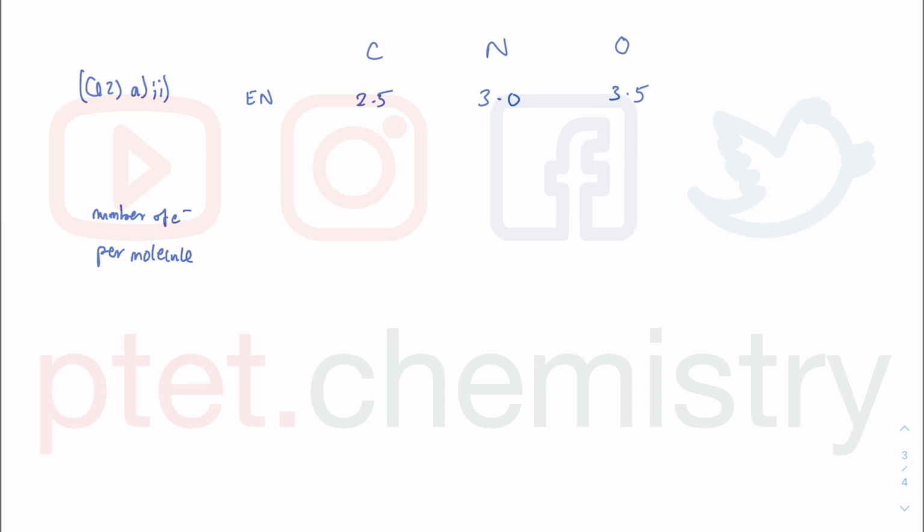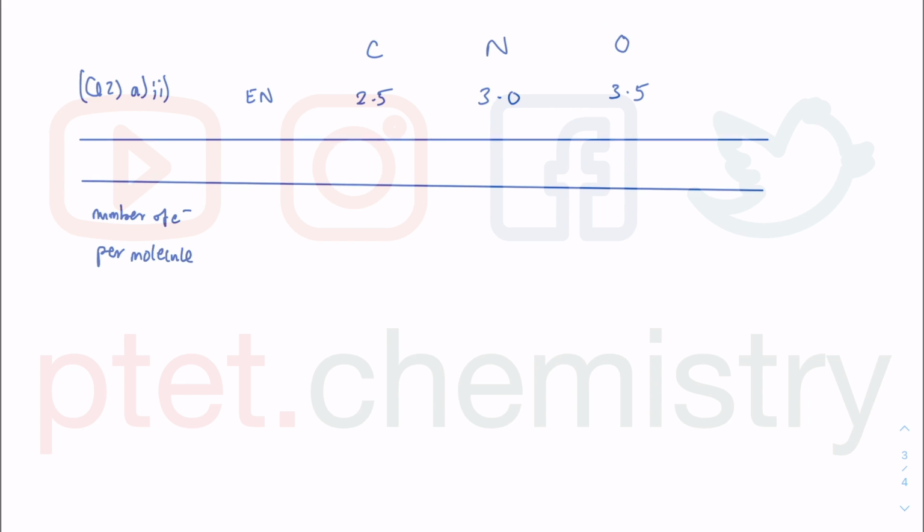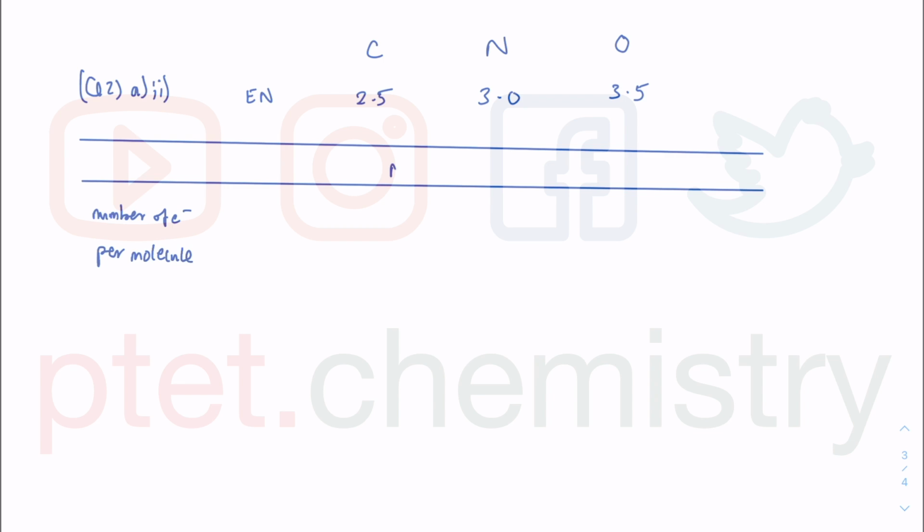We look at the total number of protons first of all, because the number of protons would tell us the number of electrons. N2, for example, has 7 protons on each nitrogen, but there are 2 nitrogen atoms, so 7 times 2, which is 14 protons.